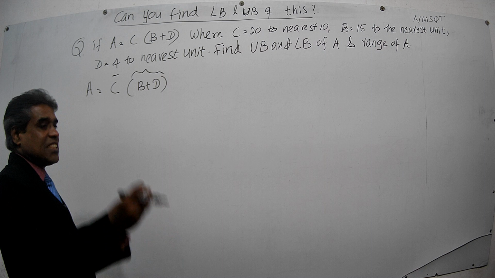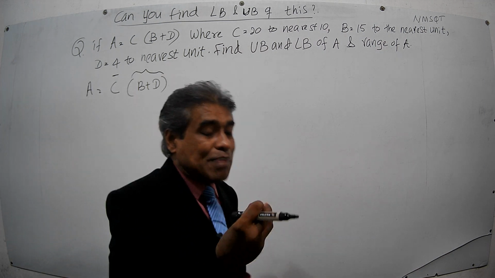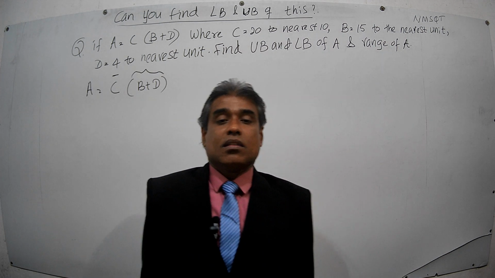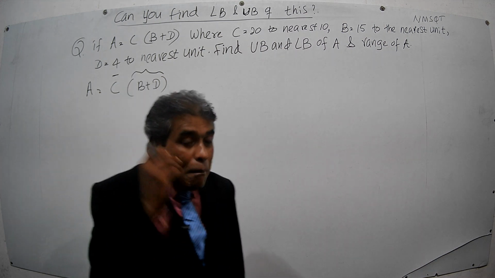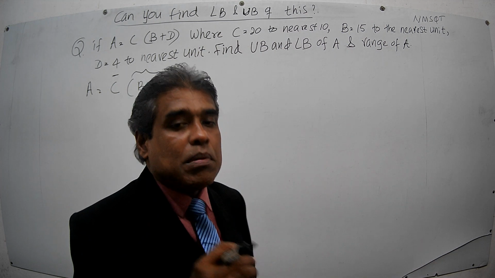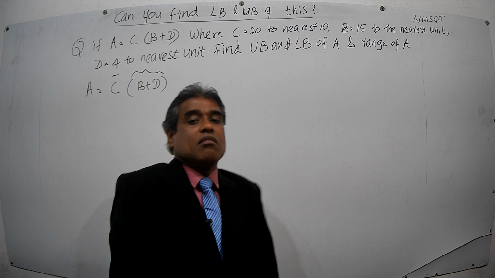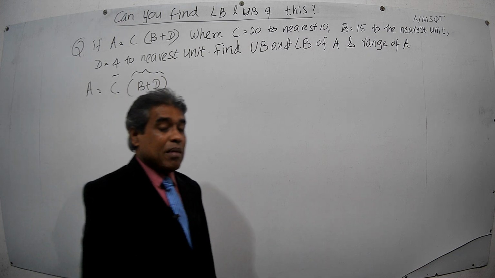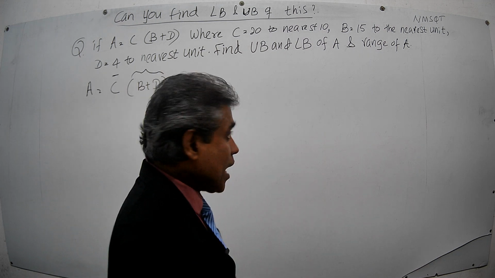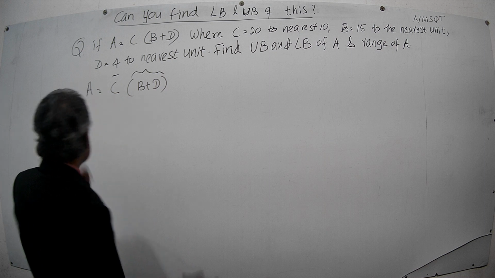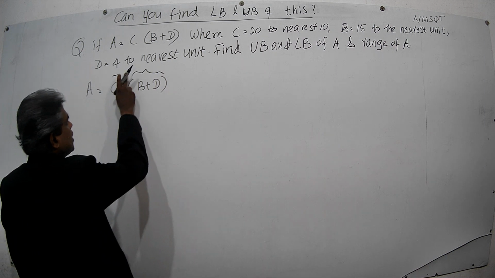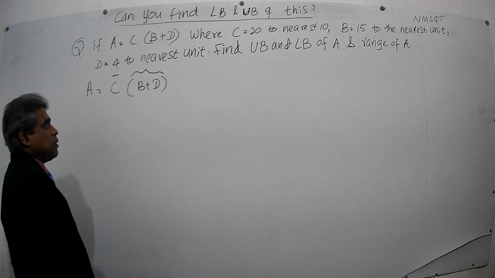Product is the result that you get after multiplying one number by another number. Then A equals C multiplied by this whole block of terms B plus D.